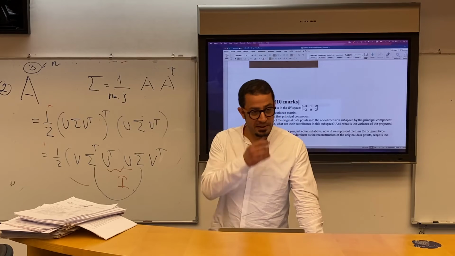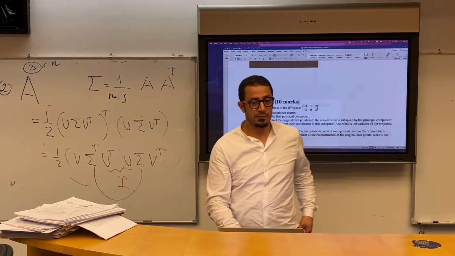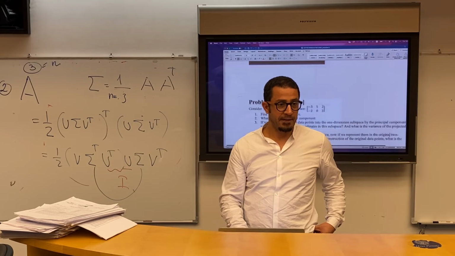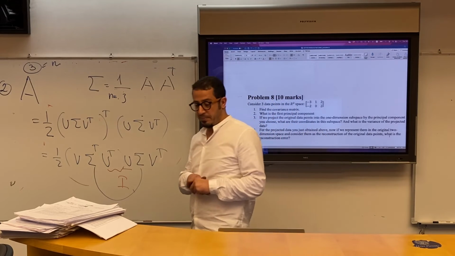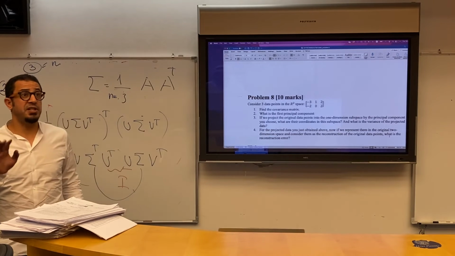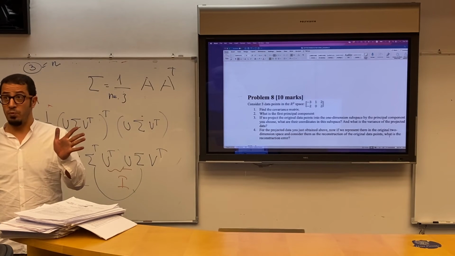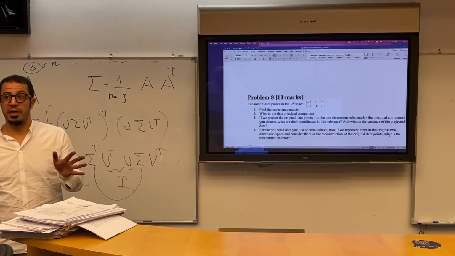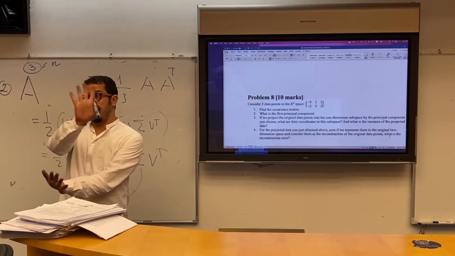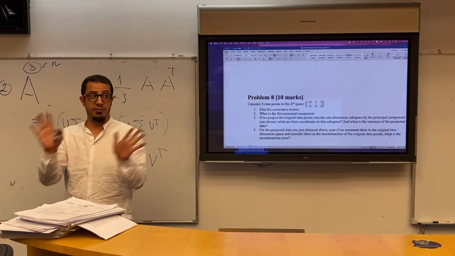Okay, let's do this one together. How to find the covariance matrix here, please? When I ask about the covariance matrix, you have to know where is M, where is N. It's very important. Okay? Because the data maybe is given to you like this, maybe the data is transposed. So you have to be careful about it.